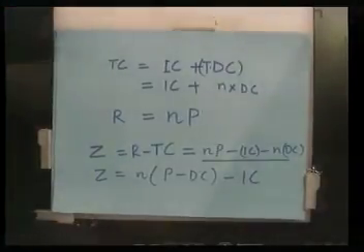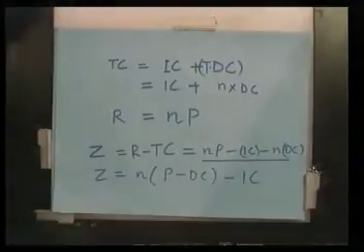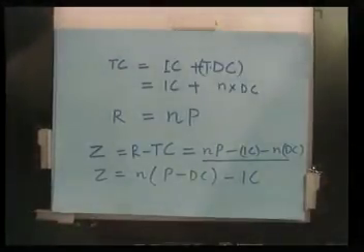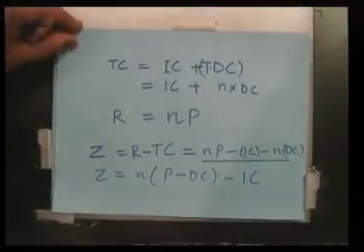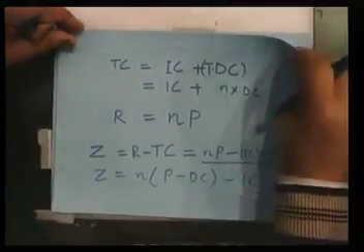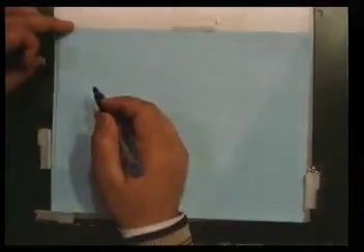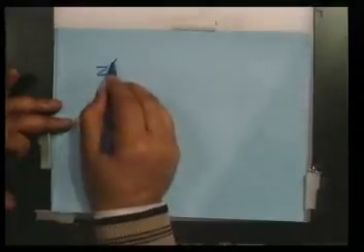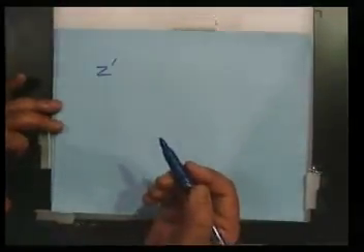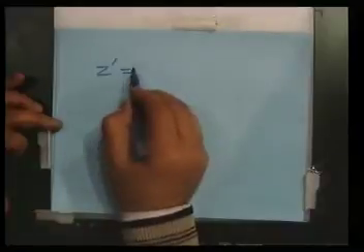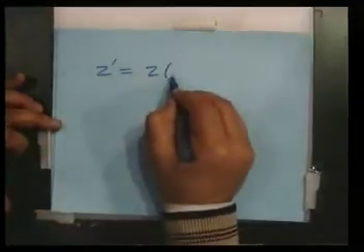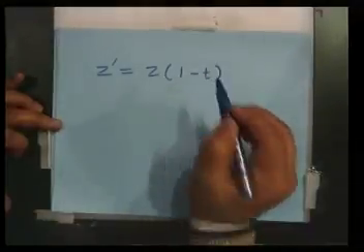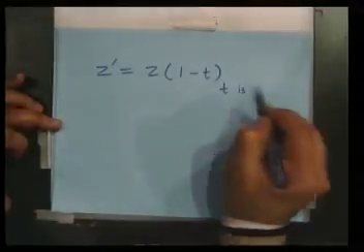Now, let us say there is a tax implication and we are paying tax T on this profit Z. So the net profit, which I denote as Z dash, would be equal to Z multiplied by (1 minus T), where T is the tax rate.